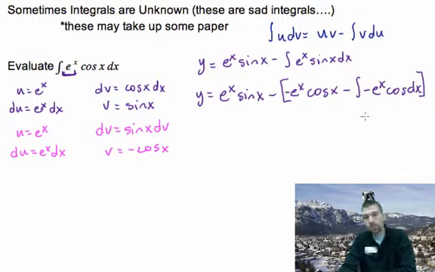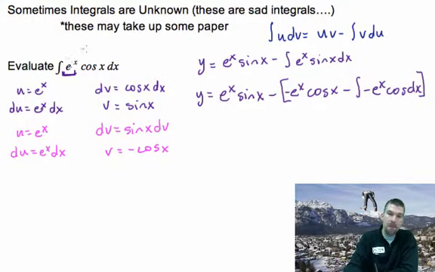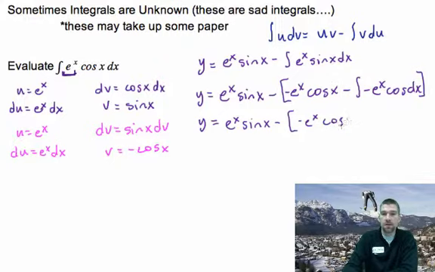All right. Well, now what do you do? E to the x cosine x, that's basically back to this guy, which is where we started. So what's going on here? Well, let's write it out and simplify it just a little bit. It equals e to the x sine x minus negative e to the x cosine x plus the integral of e to the x cosine x dx. Can you see that we would keep going and keep going and keep going with this guy?